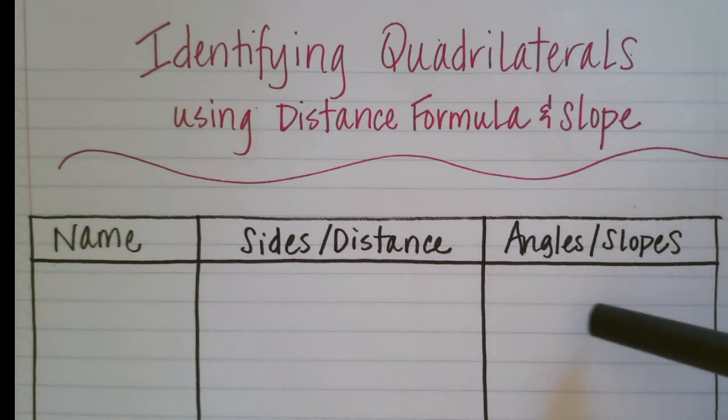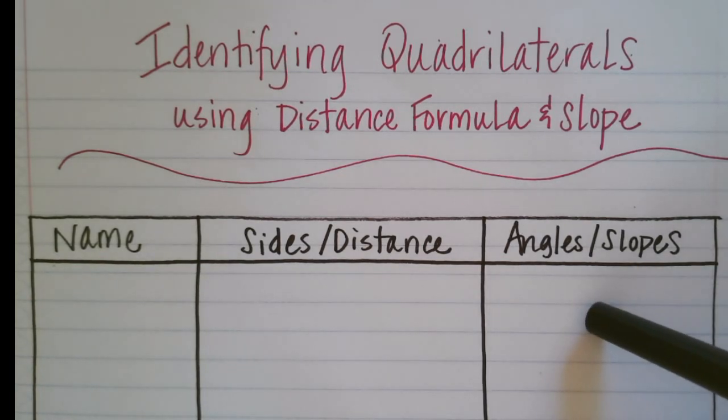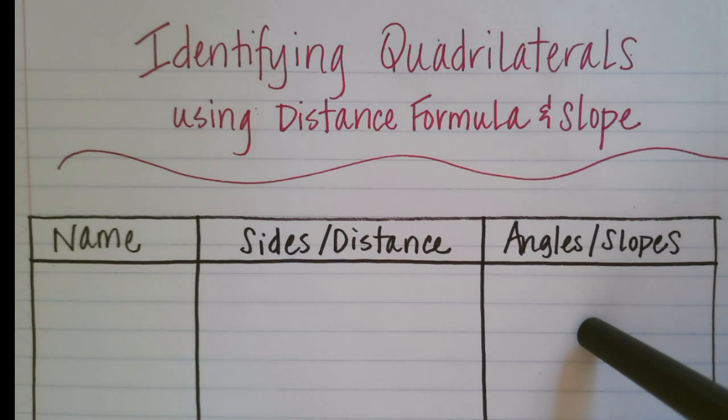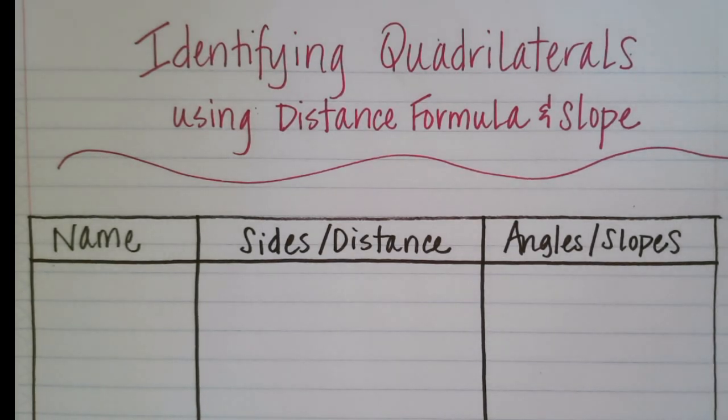And then we also know that in a square, the angles are 90-degree angles. So what we would need to do is find the slope of each side of the square and show that the slopes were perpendicular. So that's how we are attacking this whole situation.